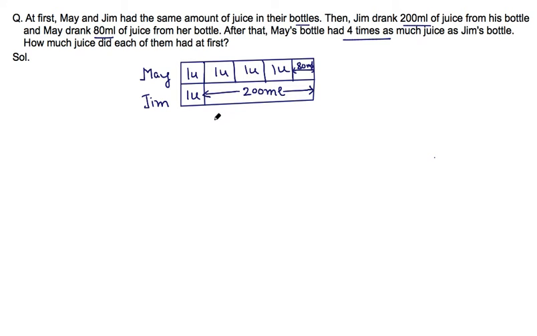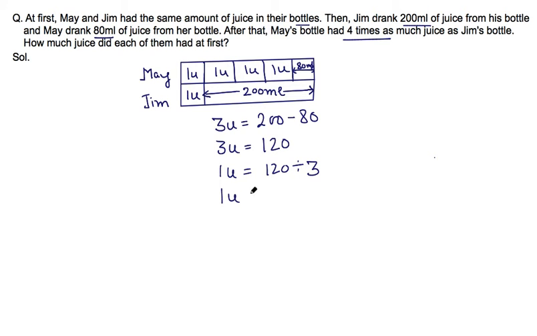So 3 units is equal to 200 minus 80. That will give us 3 units is equal to 120. That means 1 unit is equal to 120 divided by 3, which is equal to 40. So 1 unit is 40.